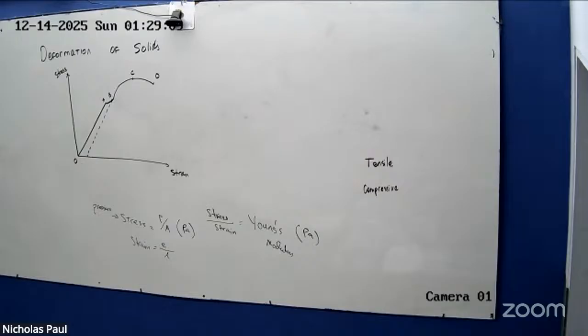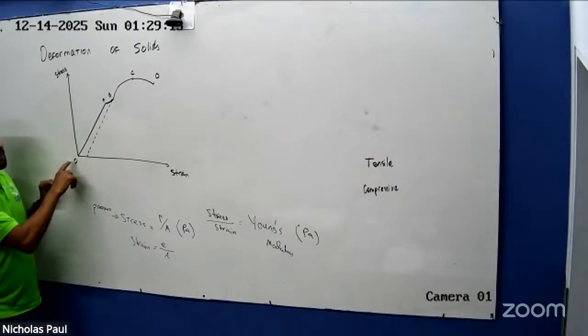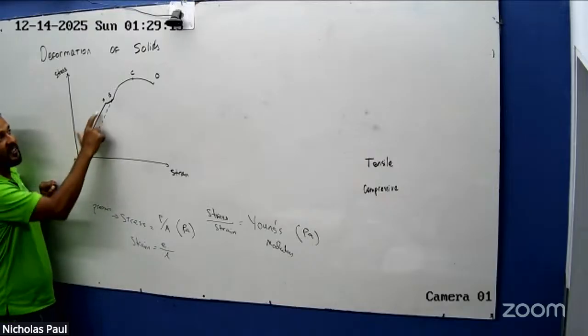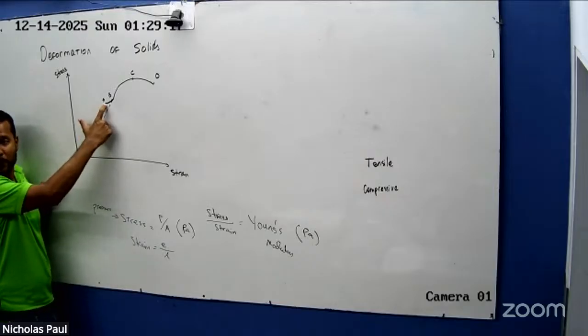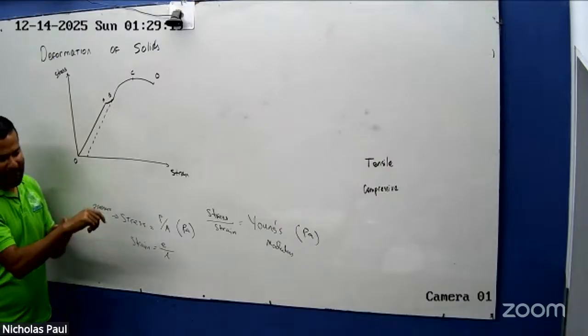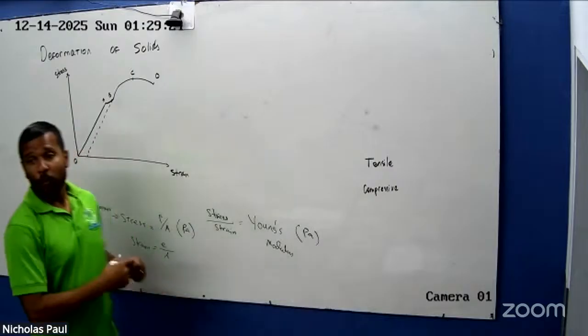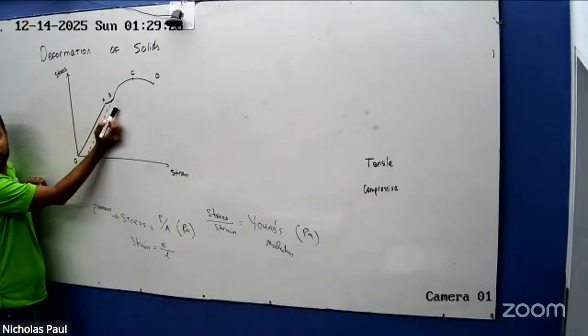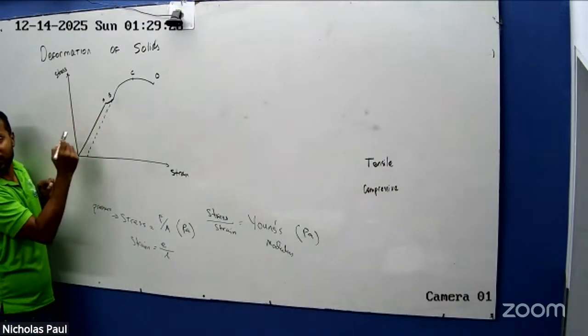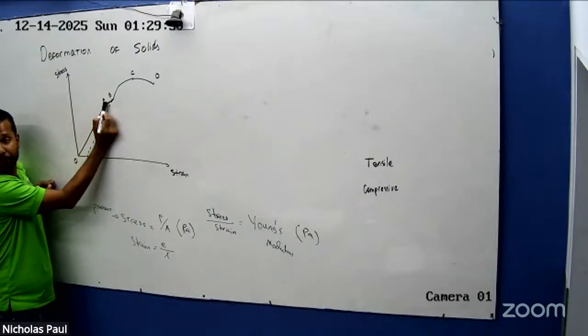All right, I want to make sure you understand the difference between two little things here. What you see here to here is where Hooke's law is applied, right? Questions will ask what is the proportional limit? The proportional limit is up until here.